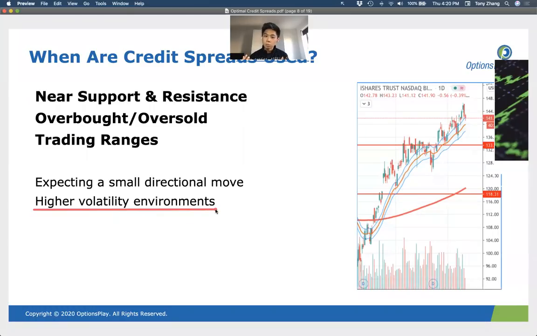So what I want to be more clear on is with respect to the directional view, because even though you have relatively larger exposure to implied volatility when volatility is high, so when you're selling credit spreads in a high volatility environment, you're going to get a little bit more profit from the fact that volatility is likely going to mean revert and give you a little bit of boost to your profits.